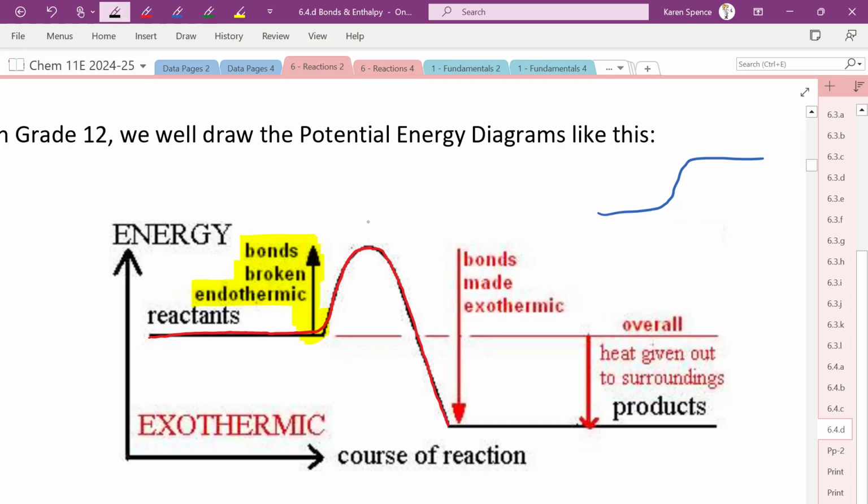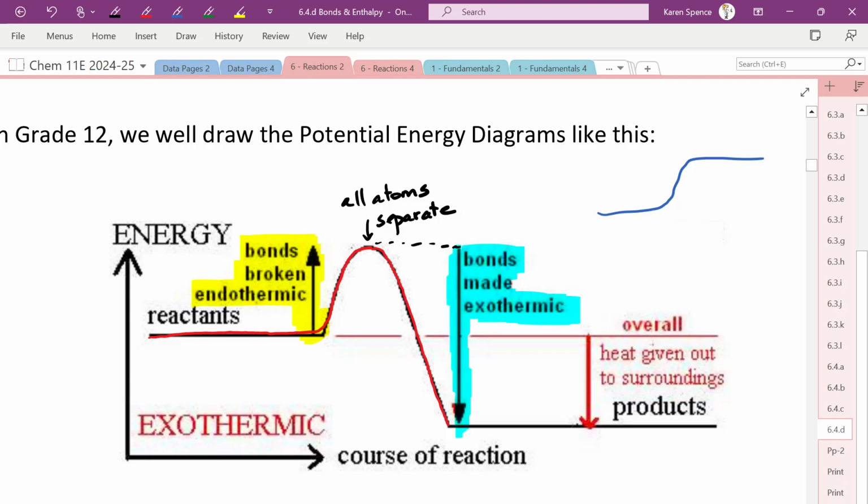And these are all the atoms separate. And then going from this peak down to our products, that's when our bonds are being made. That is an exothermic process.